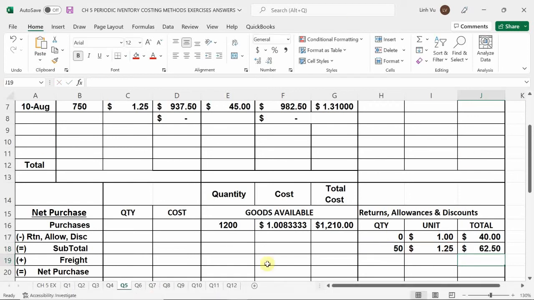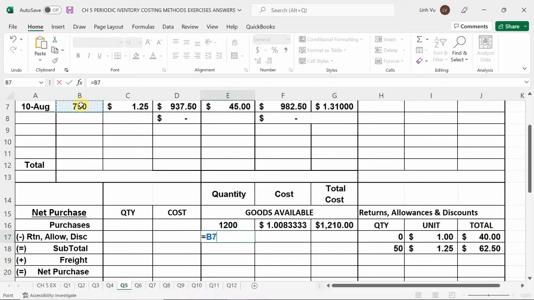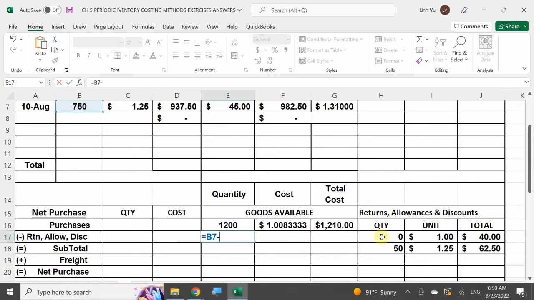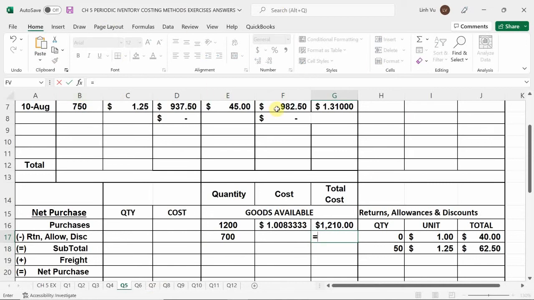$62.50. So therefore now I need to adjust my amounts here because now I no longer have 750. I only have 700. And I need to adjust my total cost here because I no longer owe $982.50.